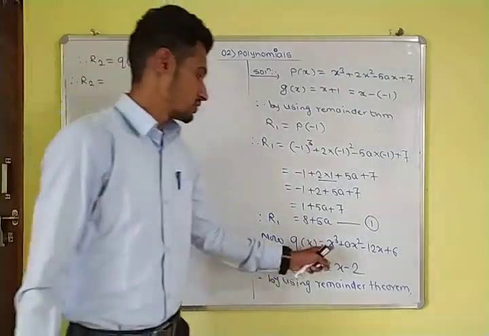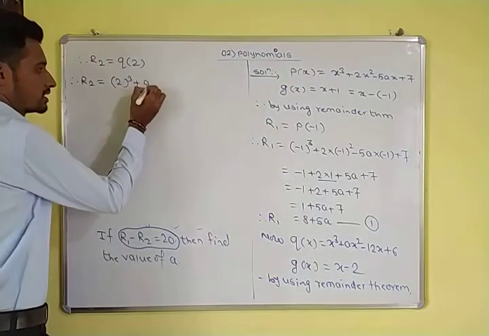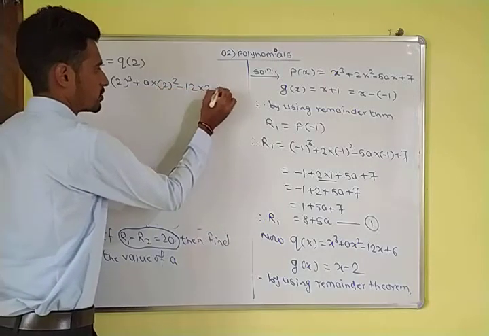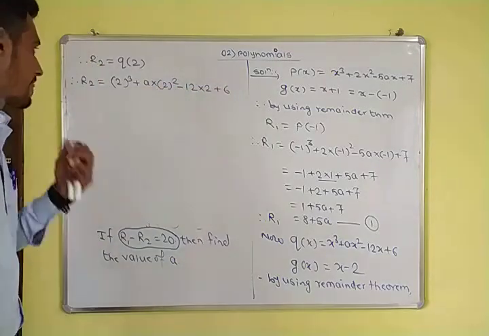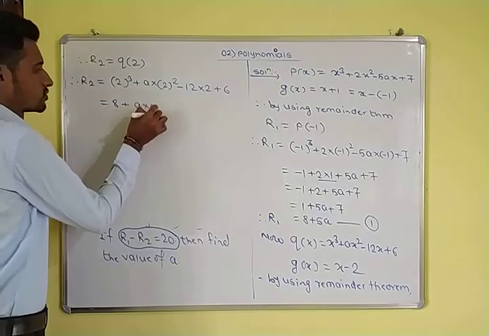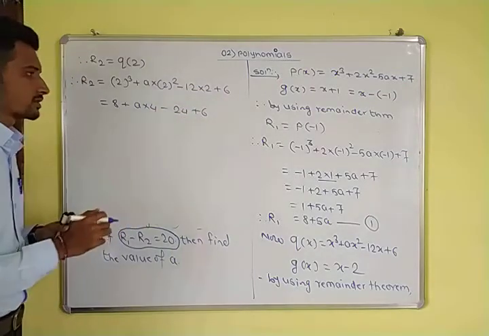So r2 is equal to 2 cube plus a into 2 square minus 12 into 2 plus 6. 2 cube is 8, plus a into 2 square is 4a, minus 12 into 2 is 24, plus 6.